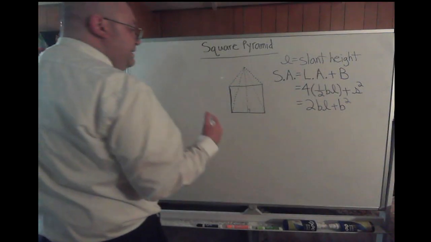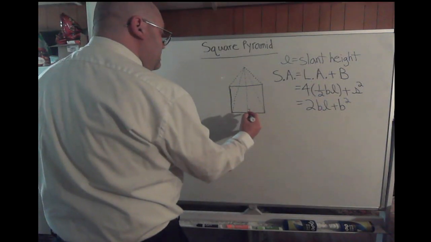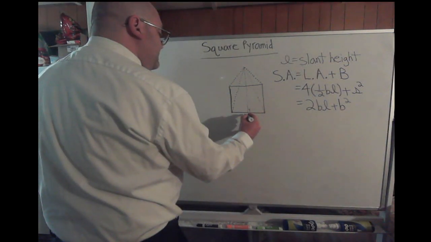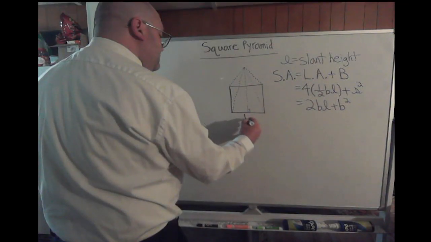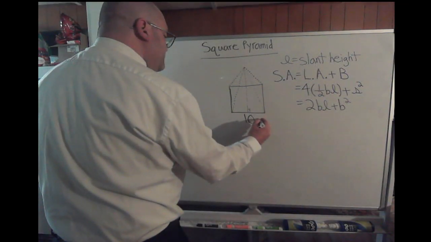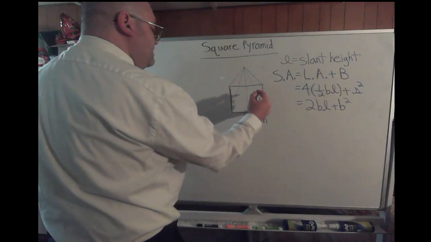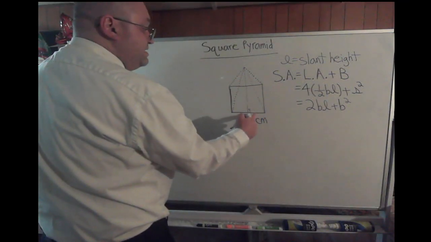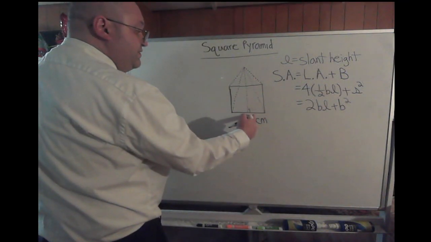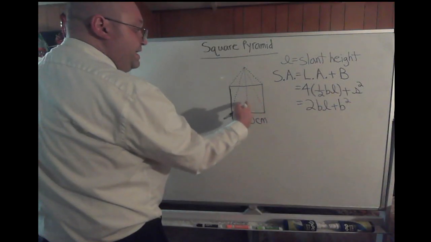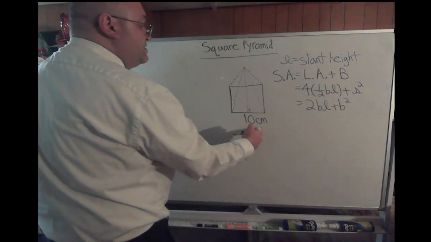Let's say we have the base being 10 centimeters. The base is 10 centimeters, which is also the base of the triangle, and the length of the side of the square base is 10 centimeters.